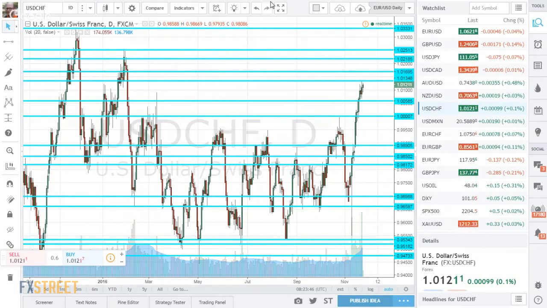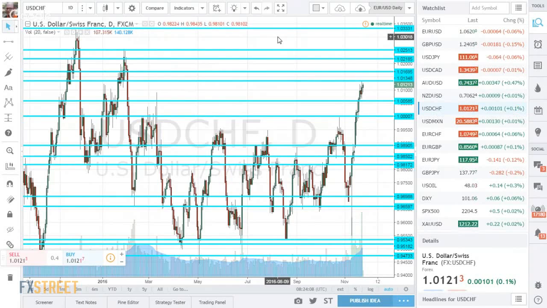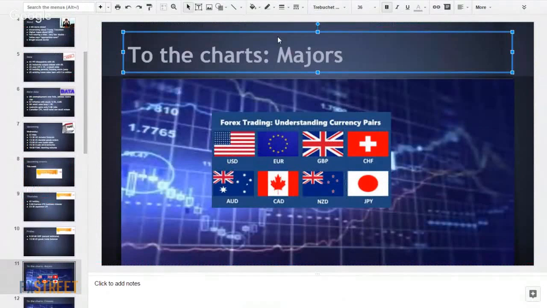Parity remains a strong line, followed by 99, 98.50, and 98. So dollar Swiss mostly reflects the strength of the US dollar, and well, the Swiss National Bank intervenes, but probably not too much. Okay, so this concludes our major pairs for now.